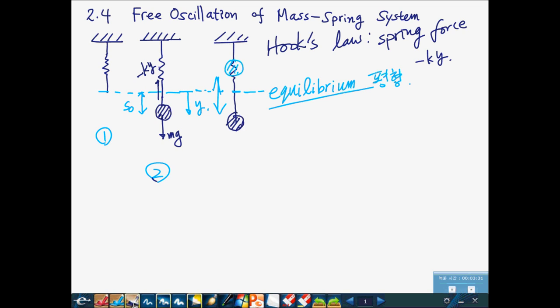And the equation is, on the first state, we don't care, right? We are not really interested. But the second one is kinematic, and the third state is dynamic.